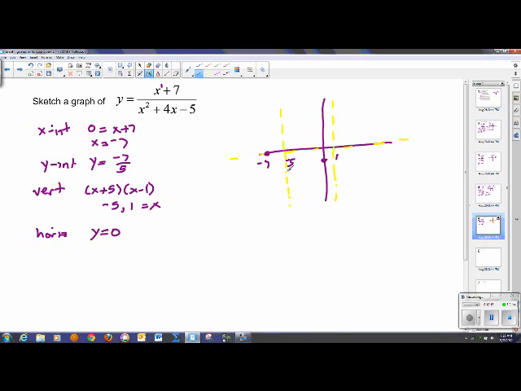So now I should be able to draw a little bit of this graph out. I'm going to start with my point in the middle because I know the graph has to go through that. I also know it's not going to cross over into the positive region from here because I have no more x-intercepts.